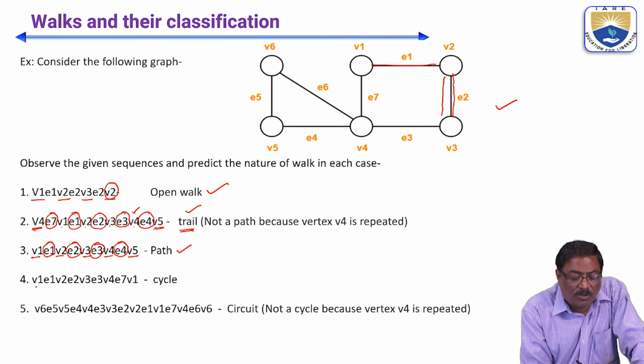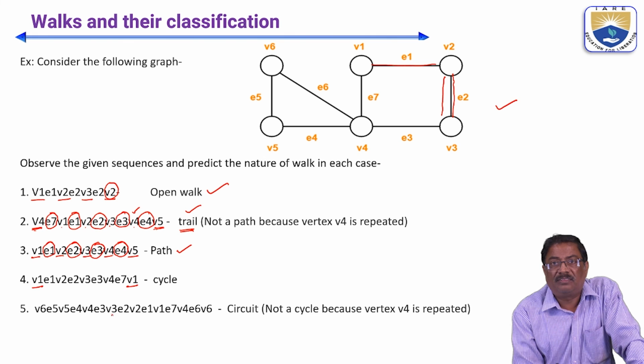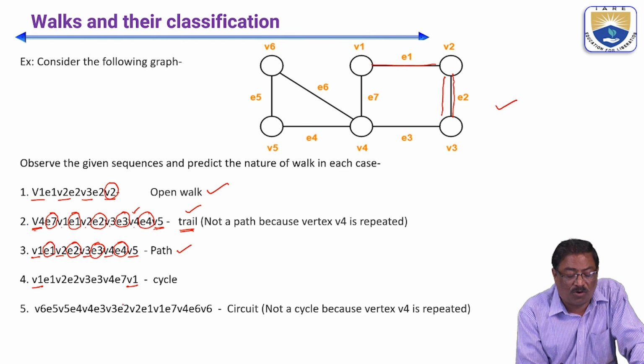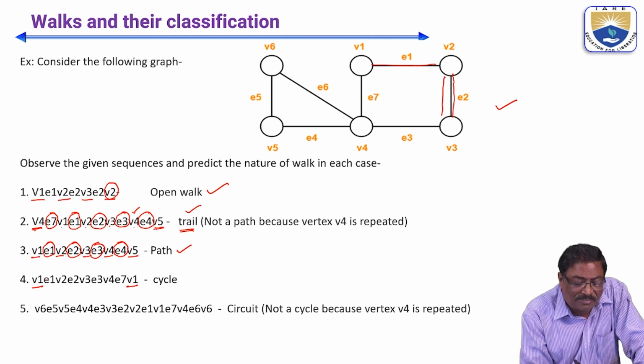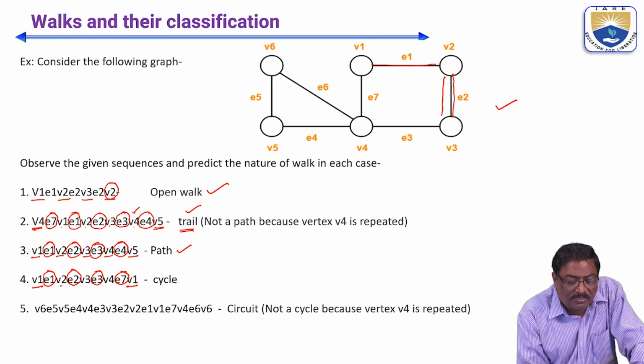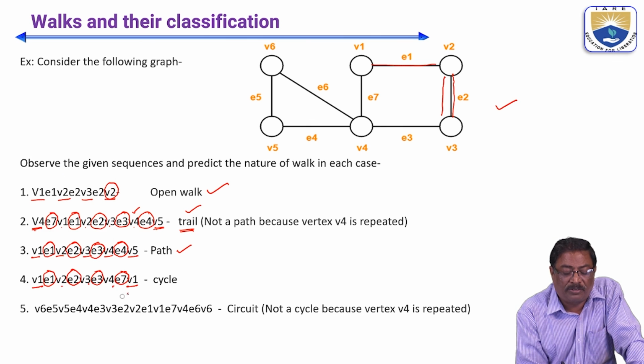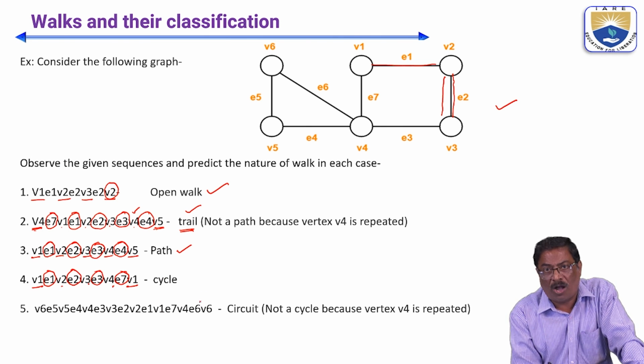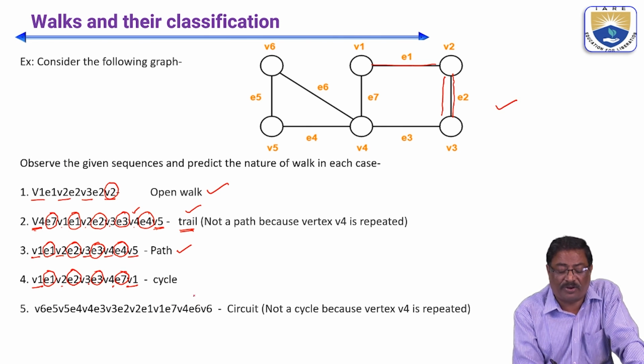Once again V1 to V1, this is a closed walk with E1, E2, E3 and next E7. All edges are different. Then V2, V3, V4, all vertices are also different. So it is a closed walk in which vertices and edges are different, so it is nothing but a cycle.